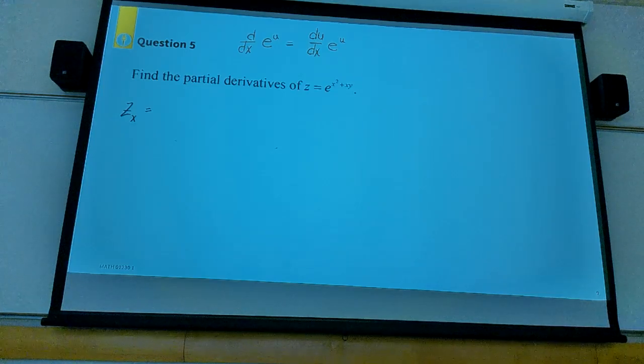What is its partial with respect to x? That's just that times e to the u.